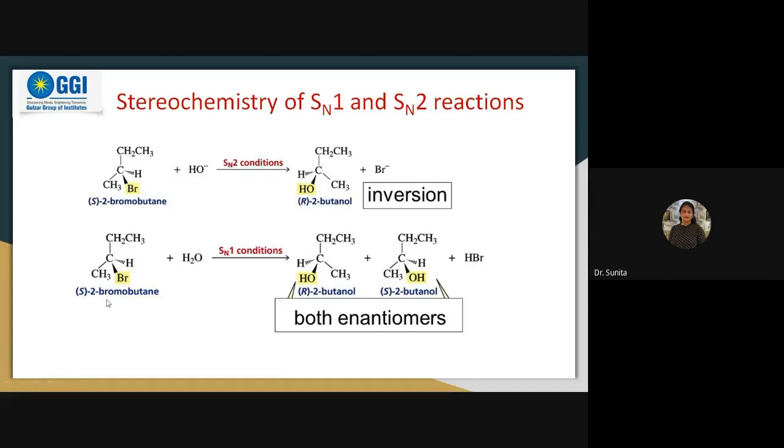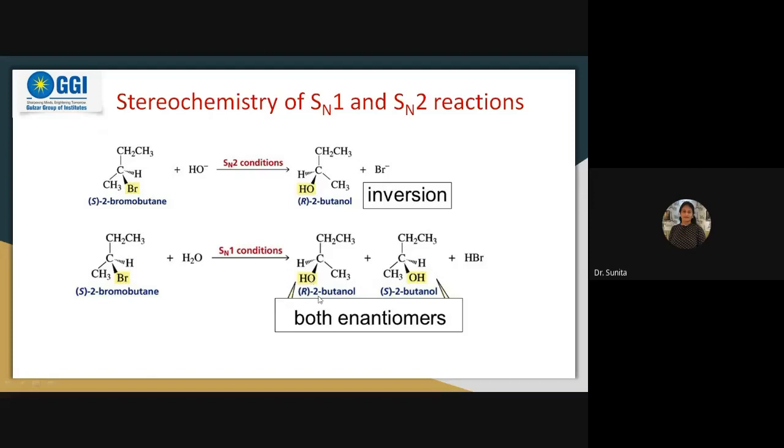Over here, if we take 2-bromobutane and react it with water, what is the condition? SN1 conditions. Here you see the difference. This has a CH3 group, one bromine, another CH3, and another CH2CH3. If it undergoes the SN1 mechanism, most of the product will come from that species.